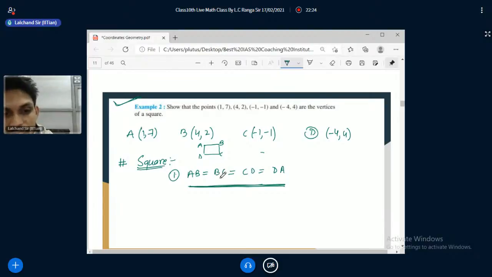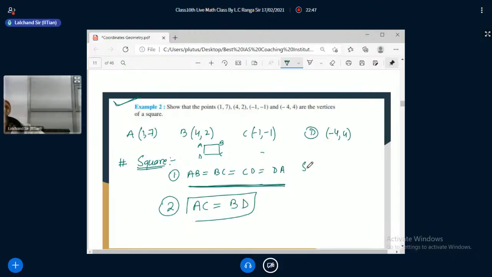This is not a sufficient condition. We need another condition to prove this is a square. Diagonals should be equal, because in the case of a rhombus, there is no need for the diagonals to be equal. But in the case of a square, diagonal AC should be equal to diagonal BD.